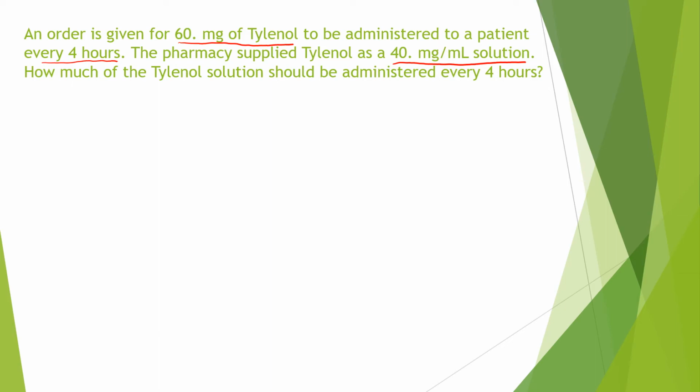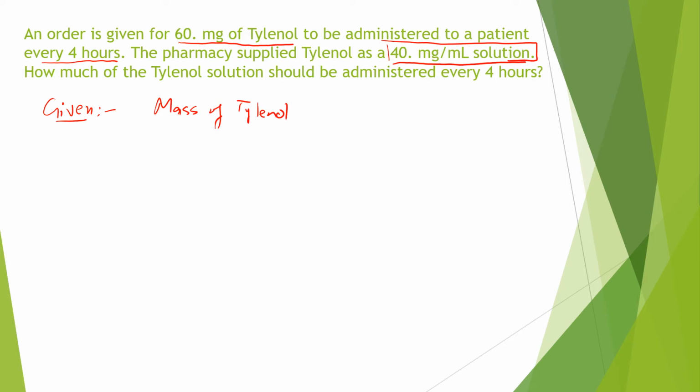So in this case, a patient is prescribed to take 60 milligram of Tylenol, but the pharmacy has only solution form of Tylenol. So now we need to figure out how many ml of this solution will be equal to 60 milligrams of Tylenol.